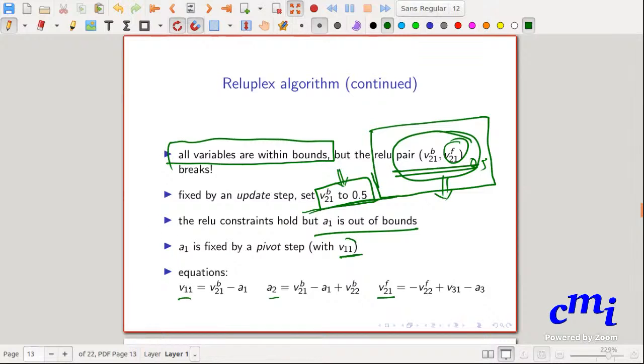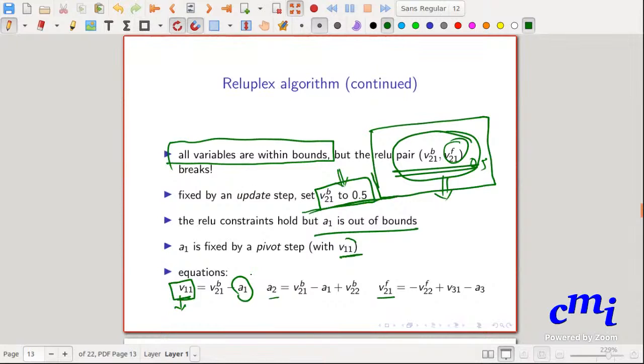We pivoted A1 with V11, so V11 comes here. V11 has become basic. That is not reflected in the table. Maybe you're not exactly showing in the table which ones are basic after this pivot step. Correct.